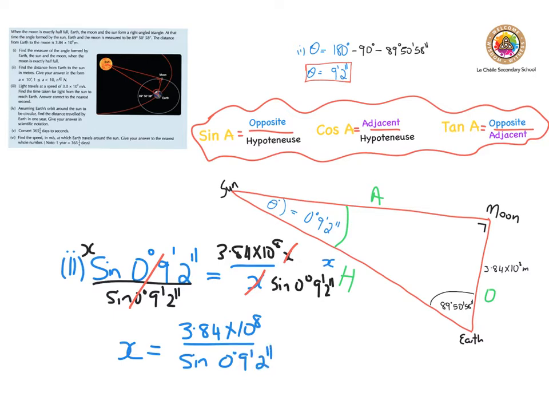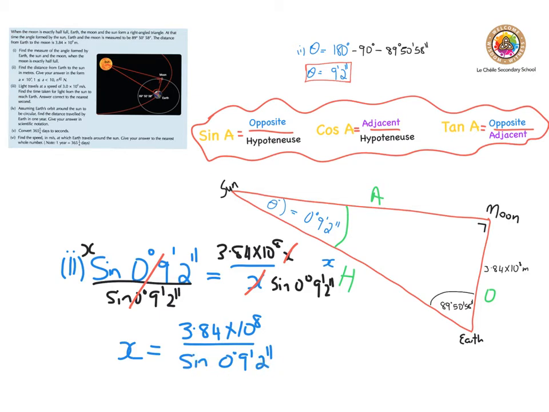And very important at this stage, when you are inputting this into your calculator, make sure that you have changed your calculator. You'll see a button and it says D for degrees, M for minutes, and S for seconds. So just make sure that you have it in that mode, okay?